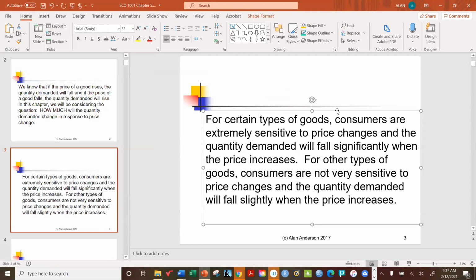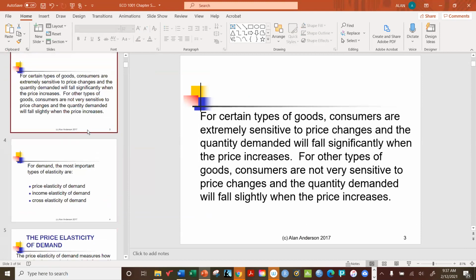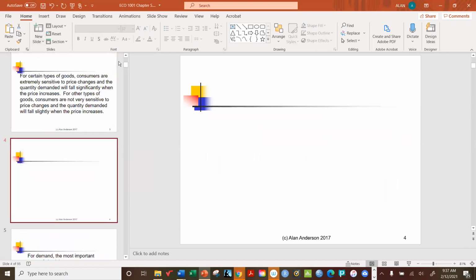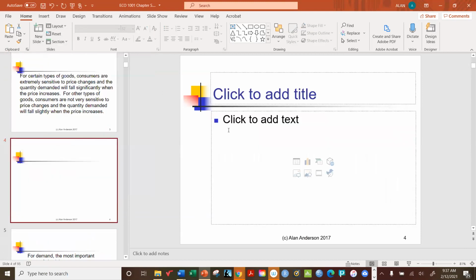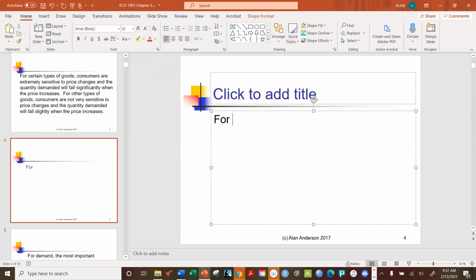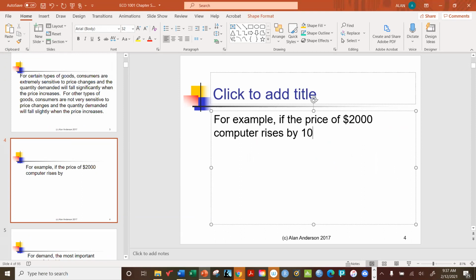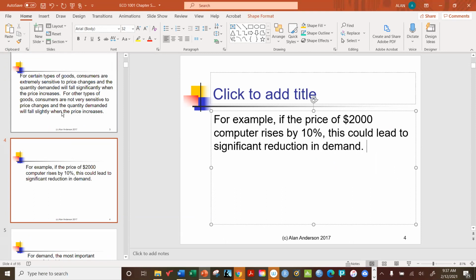So let me give you a couple of examples. I hope that will illustrate this. For example, if the price of, let's say, a $2,000 computer rises by 10%, this could lead to a significant reduction in quantity demanded.